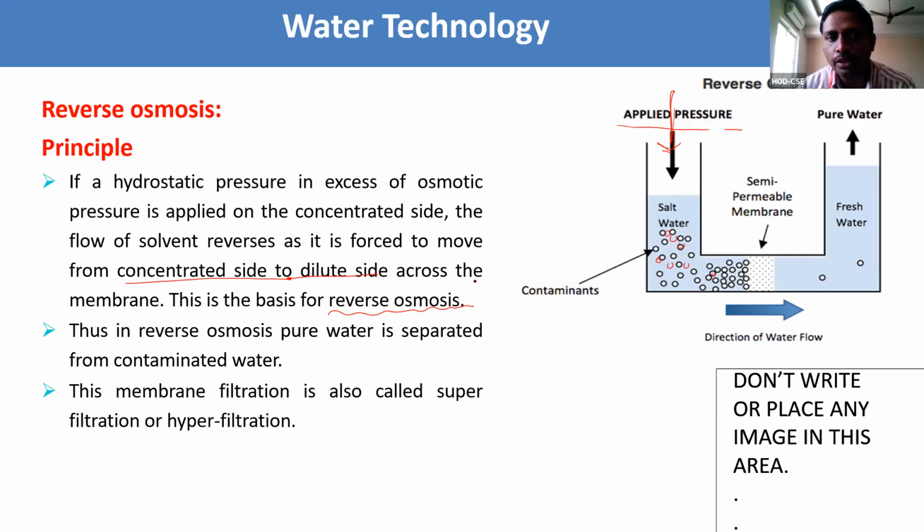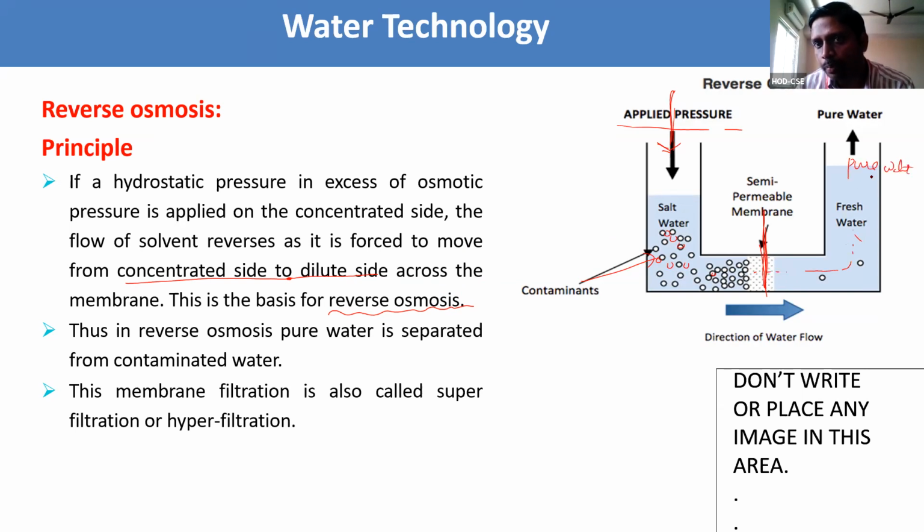In reverse osmosis, pure water is separated from the contaminated water. This side contains the contaminated water, and this is the semi-permeable membrane. The water coming from this side is the fresh water, that is, the pure water.